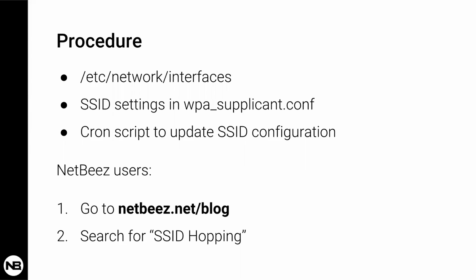So from open to WEP to WPA pre-shared key, even to advanced configuration with certificates, that configuration file will handle all the configuration settings. And then third, to configure SSID hopping, you have to create an SSID script that will periodically change or replace the content of the wpa_supplicant.conf.